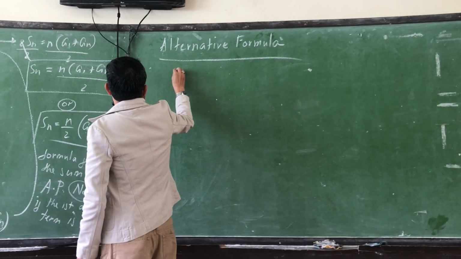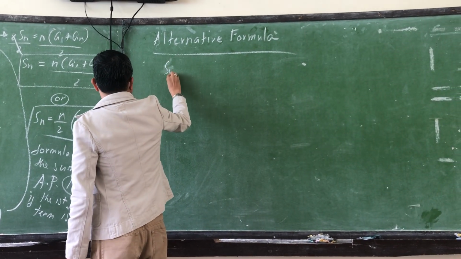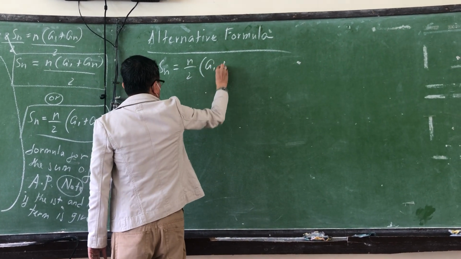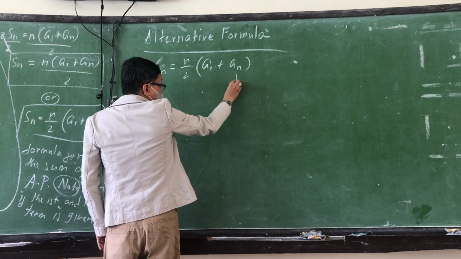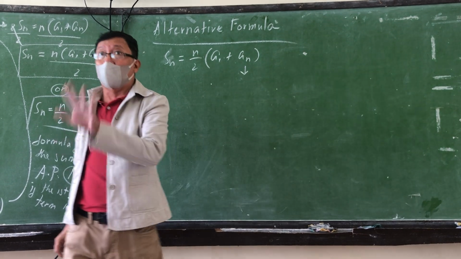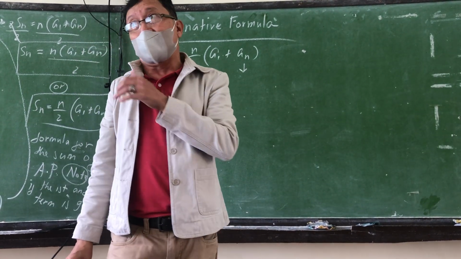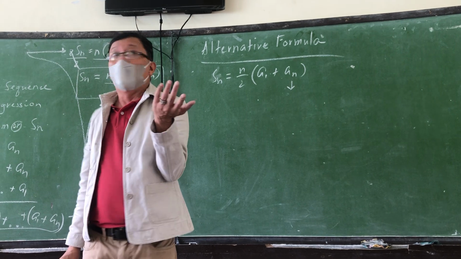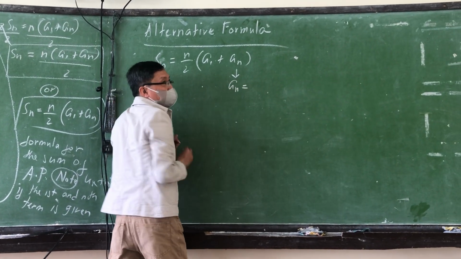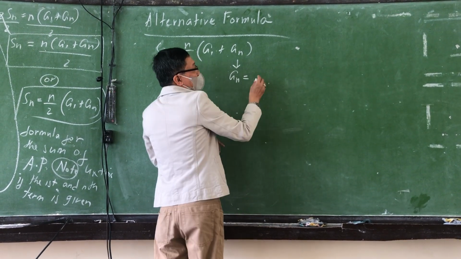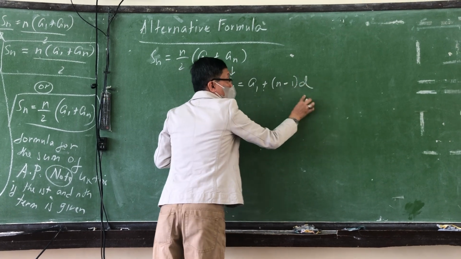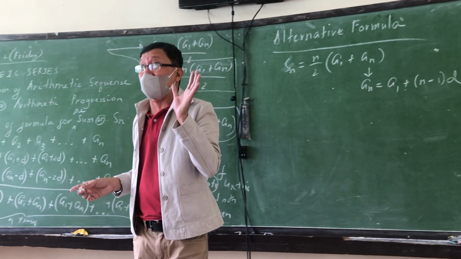So you will have s sub n is equal to n over 2 times the quantity of a sub 1 plus a sub n. But we know this, people. This is the nth term or the last term or the general term or the general rule of the arithmetic sequence. What is the formula for this? So, you are correct. Thank you for remembering it. That will be equal to a sub 1 plus the quantity of n minus 1 times d. Although we have a shorter way of doing that.